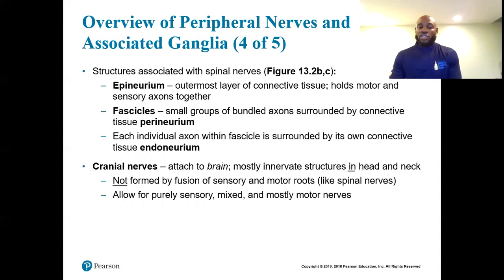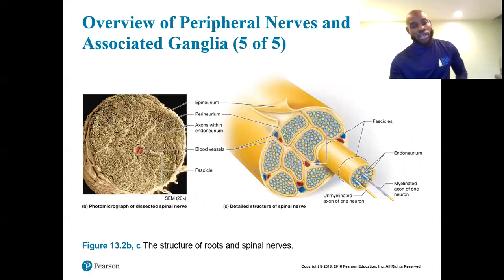They don't come off the spinal cord, they connect directly to the brain. Their structure is a little different, whereas all of the spinal nerves are mixed, sensory and motor. Good point to recognize.